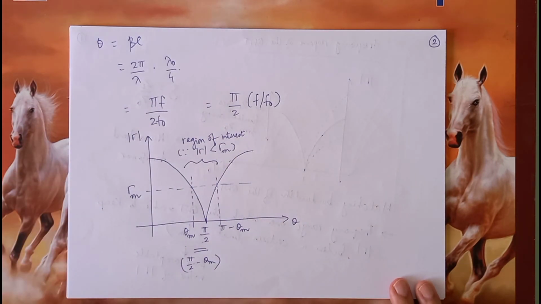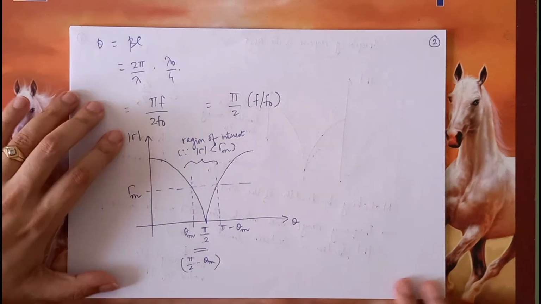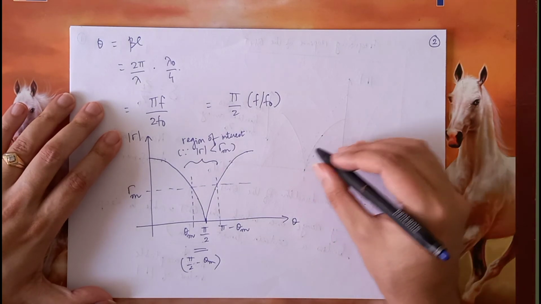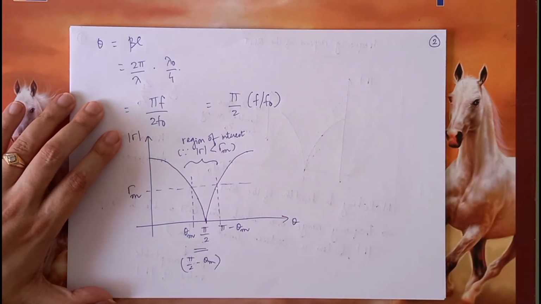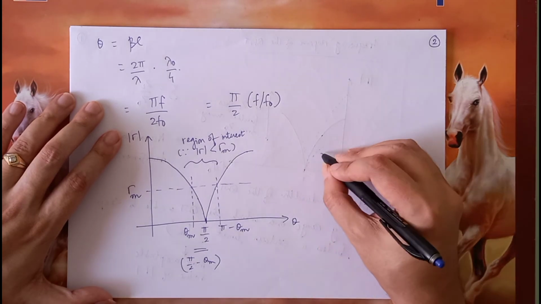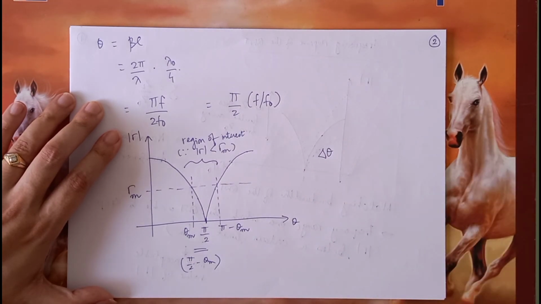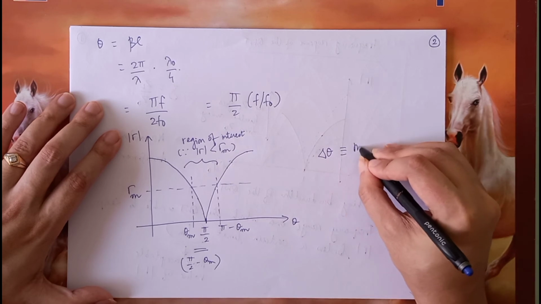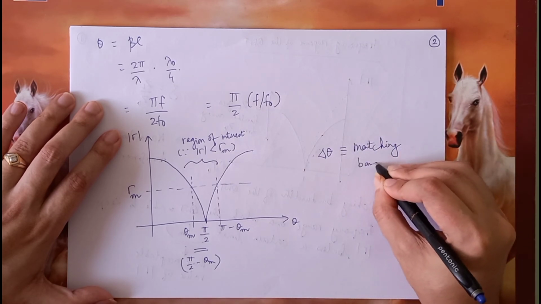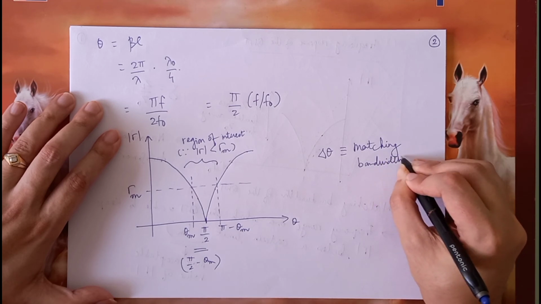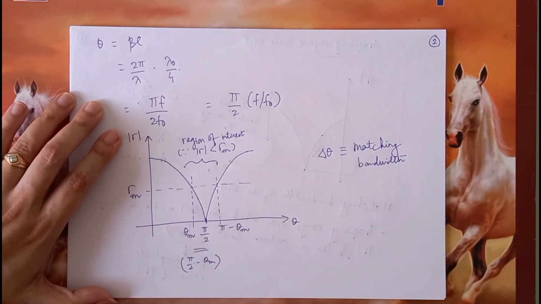So therefore, in terms of theta, the bandwidth or the range of electrical lengths, what we call delta theta, that is equivalent to the matching bandwidth. That is this range.